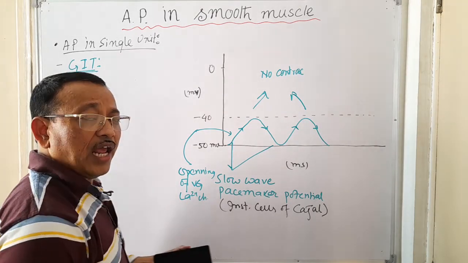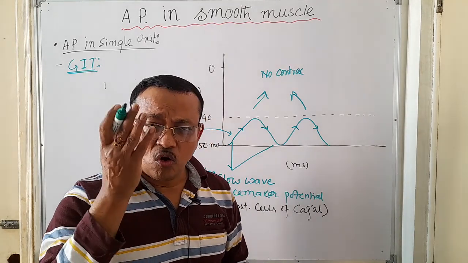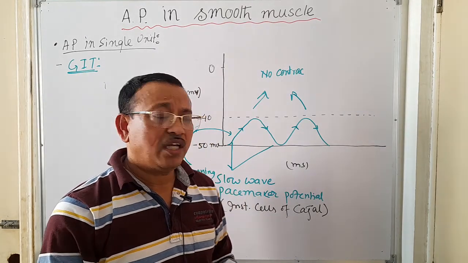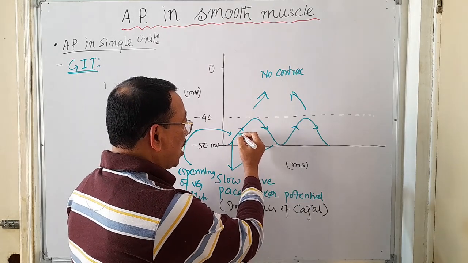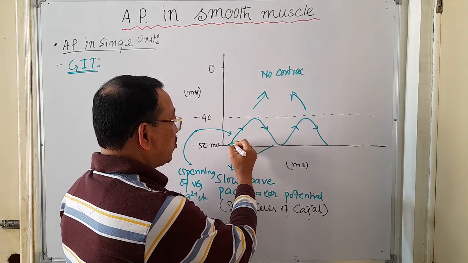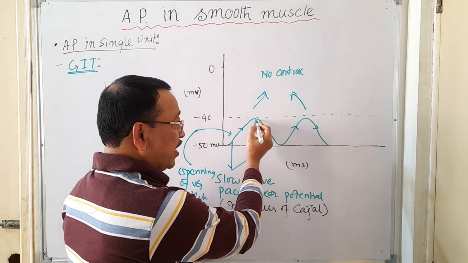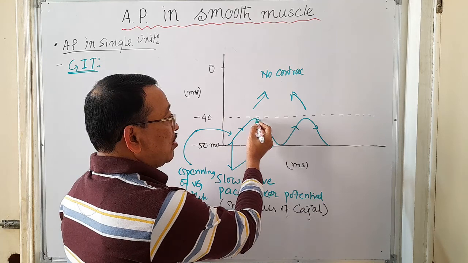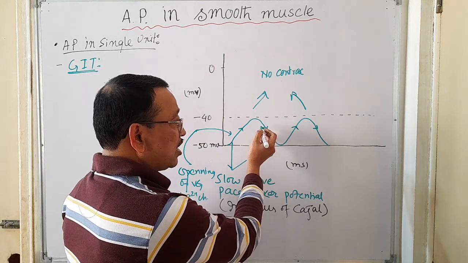And as you know, as the calcium channels are the slow channels, there is a slow entry of the calcium ion. As the calcium ion enters slowly, there is a gradual fall of the inside electronegativity towards minus 40 millivolt, followed by gradual closure of the calcium channels.